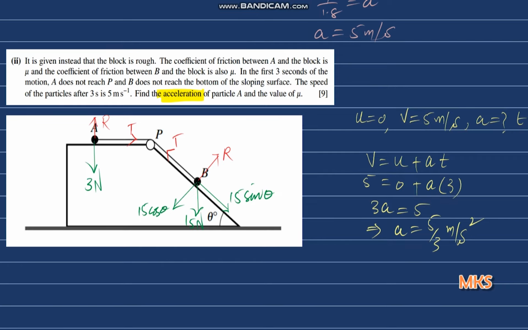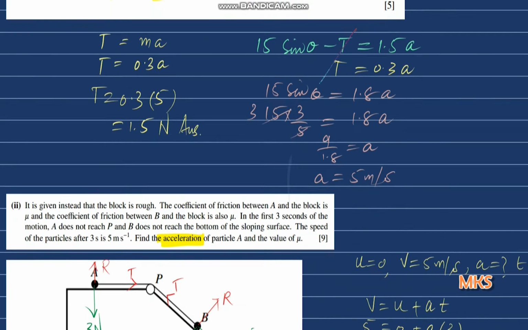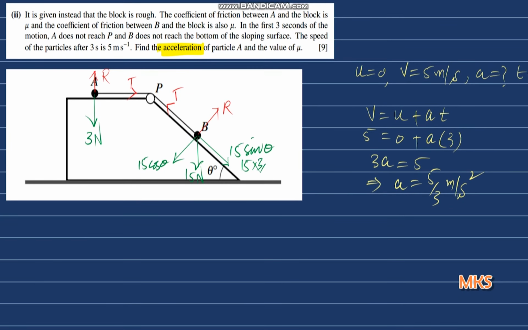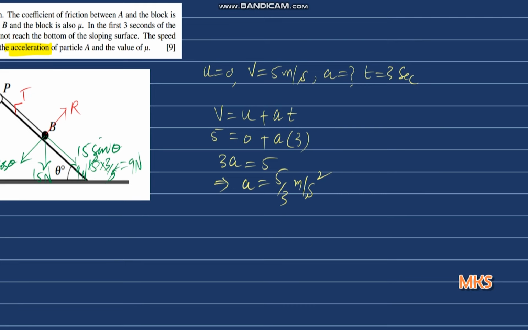15 sin theta, we know, is 15 times 3 over 5, sin theta was given as 3 over 5. 5 threes are 15, so it will be 9 Newton. In the same way, sin theta is 3 over 5, which means if this is theta and this is 3 and this is 5, this will be 4.